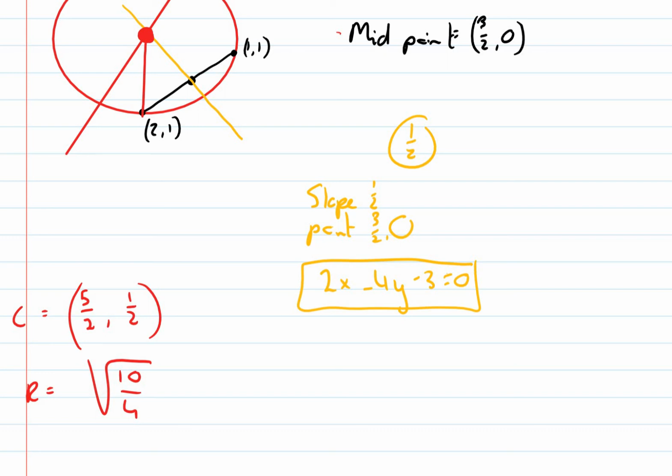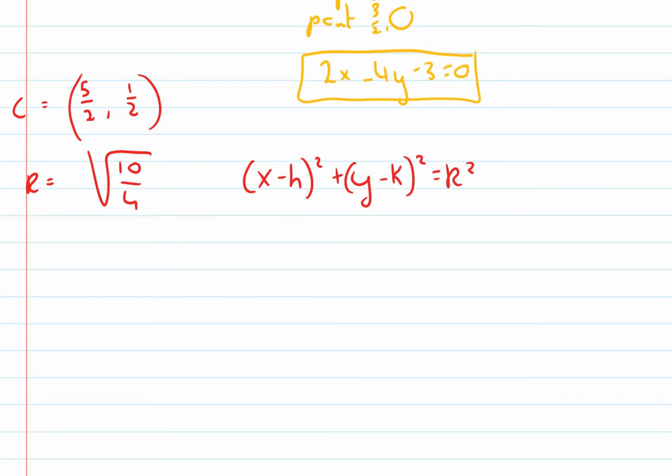I slot them into the formula: x minus h squared plus y minus k squared equals r squared. Remember, this is h, this is k. I will get x minus 5/2 squared plus y minus a half squared equals r squared, which is √10/4, all to be squared.